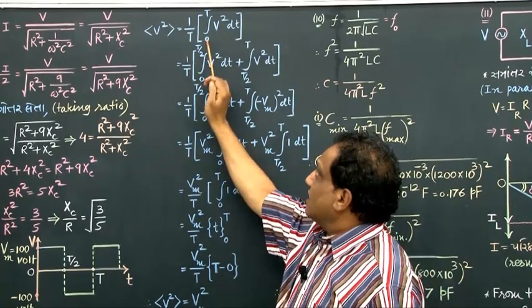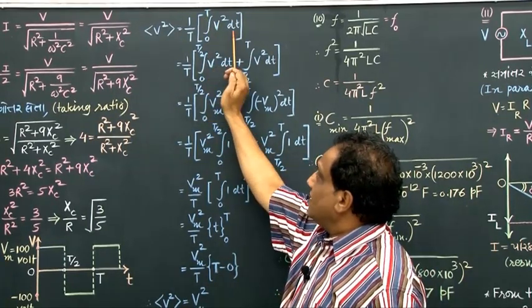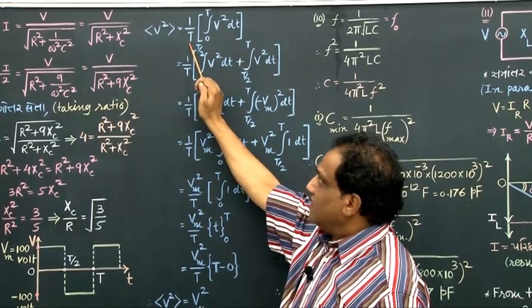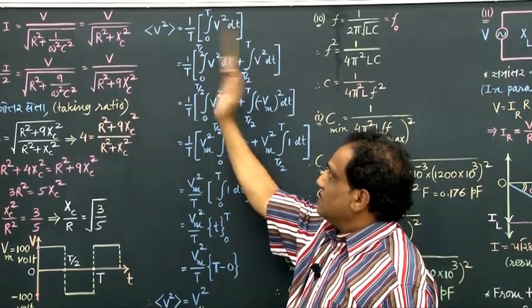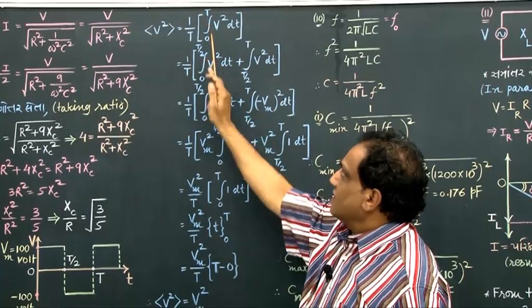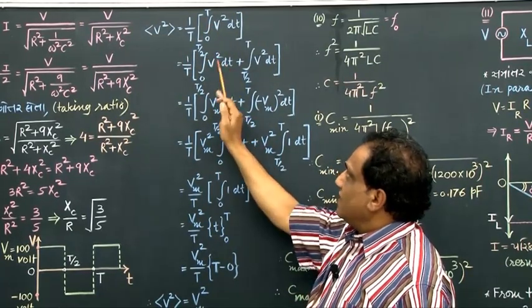So, I should take the integration from 0 to capital T of V square dt, divided by capital T. 1 upon T, I just keep it outside, integration as it is, V square dt as it is.